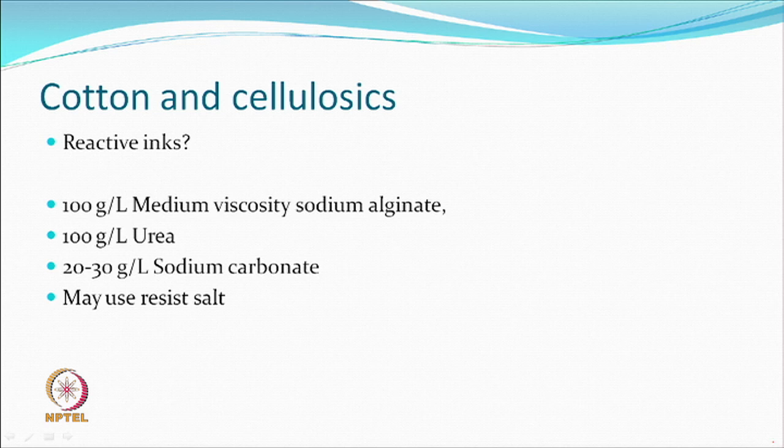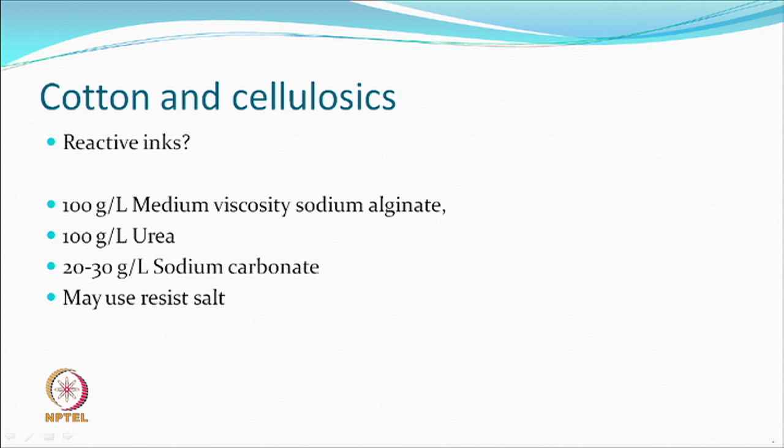And some alkali. When this alkali is there on the fabric, when the dye comes, hopefully this is the only one which will be varied. So, at a concentrated area, alkali will be available. So, hopefully reaction would take place only with the fiber.